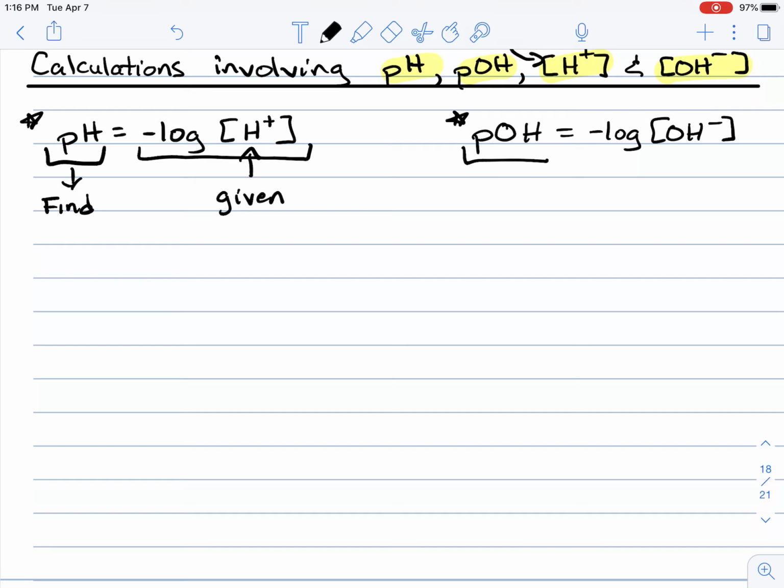And if we wanted to find the pOH, we would take the negative log of the concentration of hydroxide. Once again, it's implying that this value is given to us one form or another.